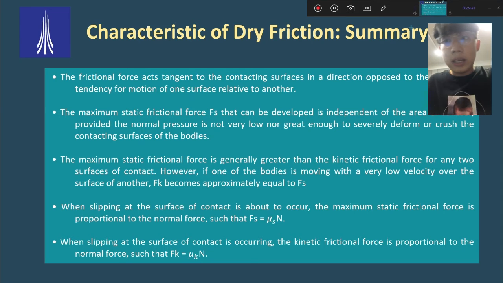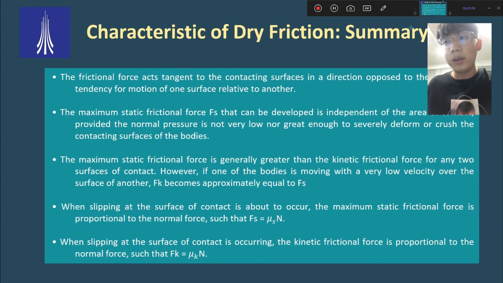The maximum static frictional force Fs that can be developed is independent of the area of contact, provided that the normal pressure is not very low nor great enough to severely deform or crush the contacting surfaces of the bodies. The maximum static frictional force is generally greater than the kinetic frictional force. Fs is greater than Fk for any two surfaces of contact.